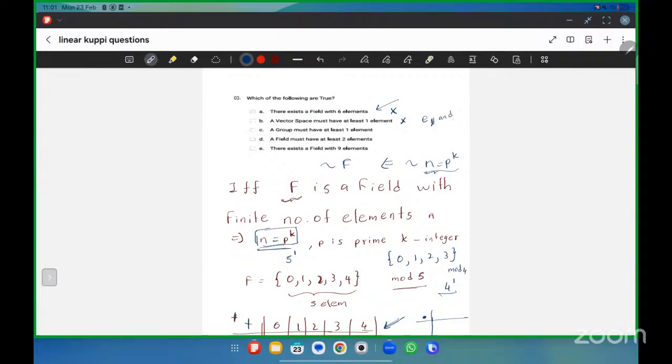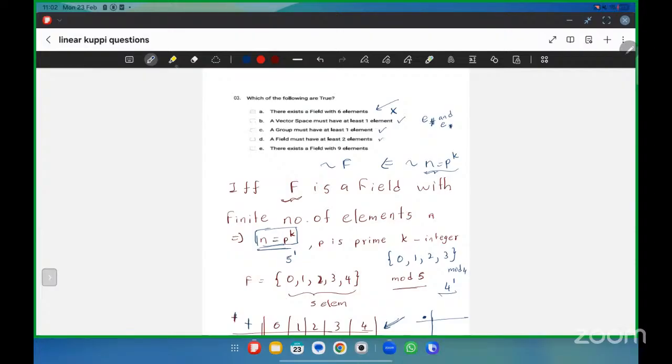So, vector space must have at least one element. So that is true, right? And the third one is, group must have at least one element. That is also correct. And field must have at least two elements.